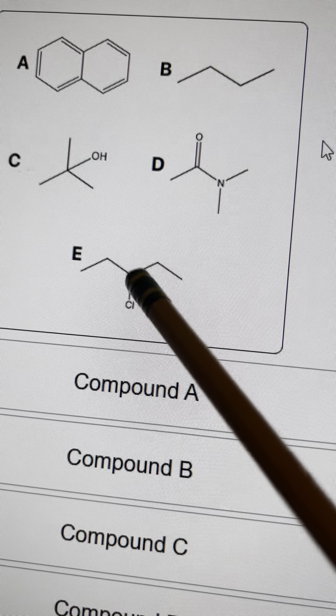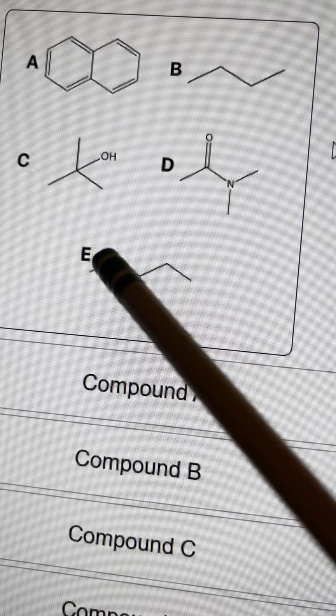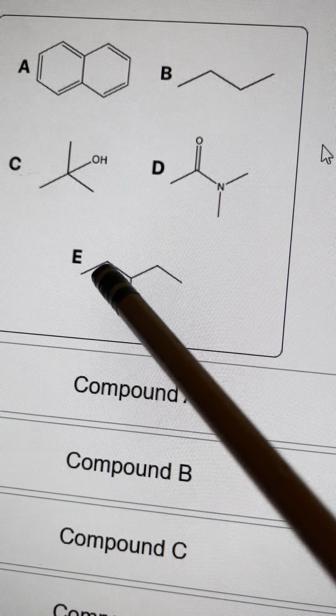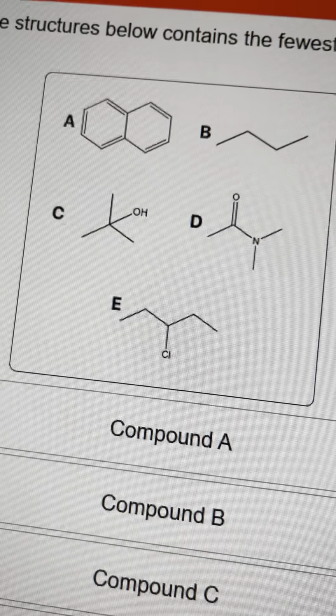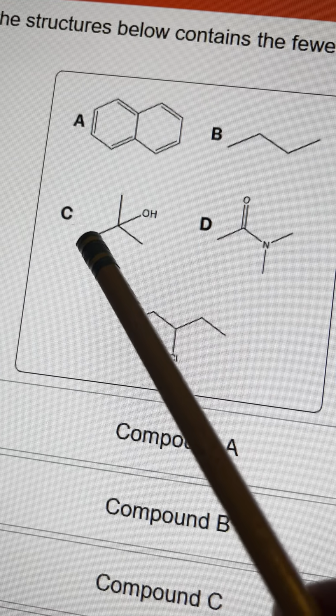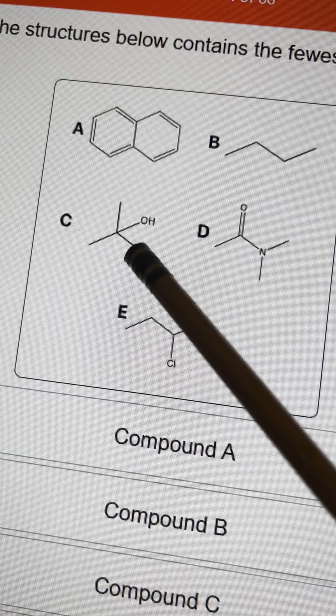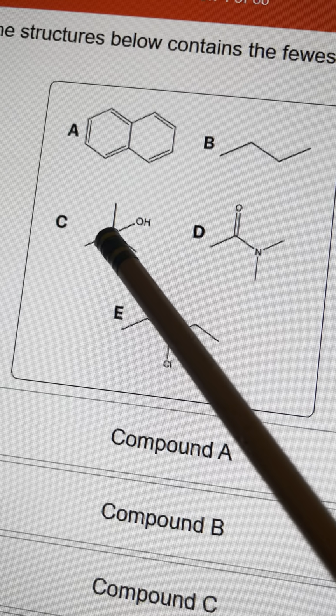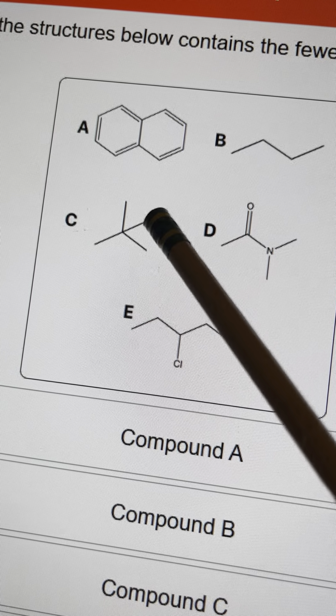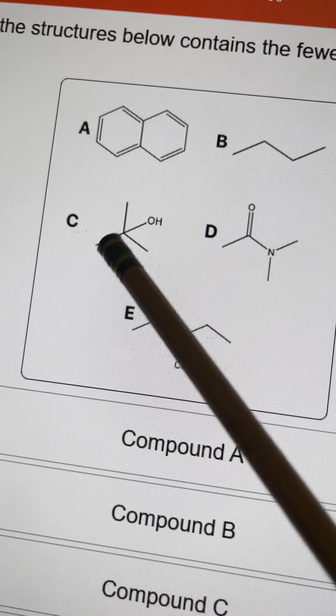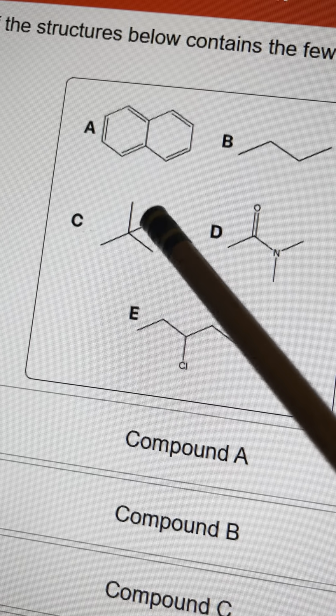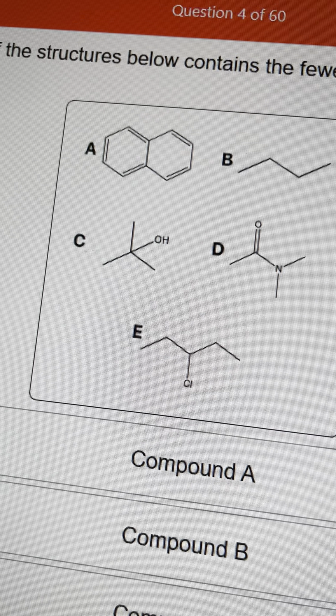So 3, 2, 1, 2, 3. So it's 6, 8, 10, 11. For this one, 3, 6, 9. Remember, each dot, so that middle one is going to be a carbon. But it's already bonding with 4, so we don't count that. So 3, 6, 9. So 9 in this one.